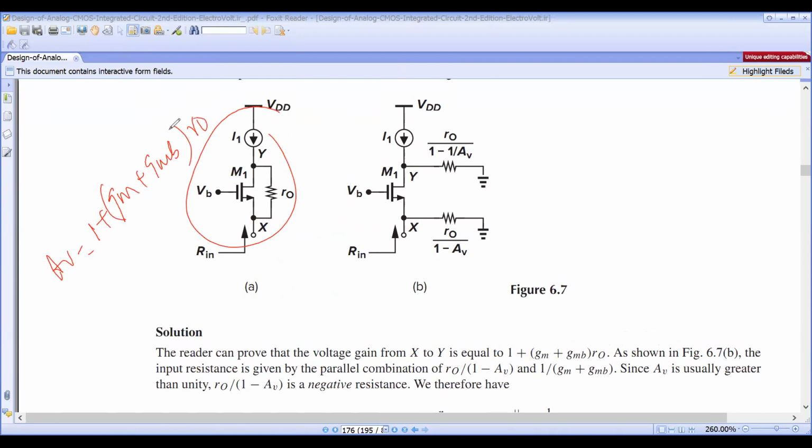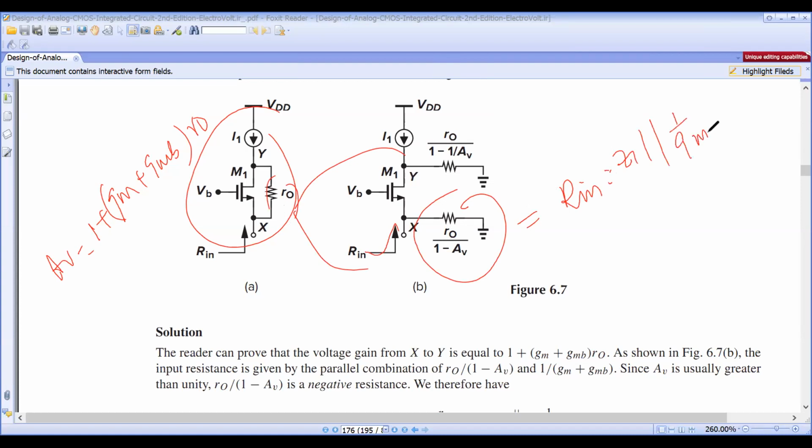So the input resistance is given by the parallel combination of what? After splitting this R0 into these parts, what is the impedance? Rin is the parallel combination of this one and 1 by gm. So Z1 is in parallel with 1 by (gm plus gmb).